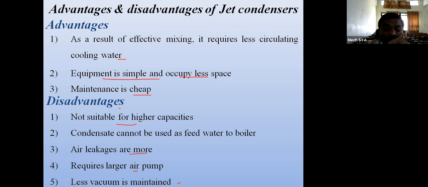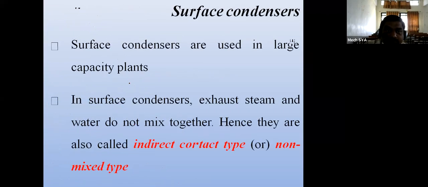Air leakage is more, so a larger air pump is required and less vacuum is achieved. As the cooling water is not that pure, the condensate is a mixture of cooling water and exhaust steam. Therefore, it cannot be used directly as feed water to the boiler. We have to do water treatment.